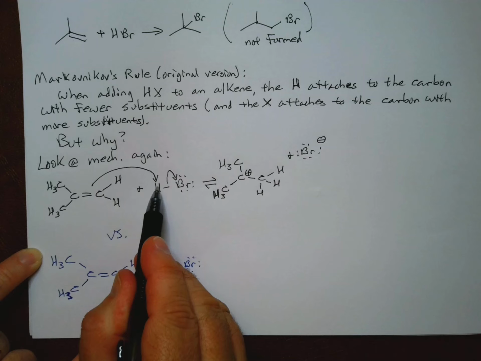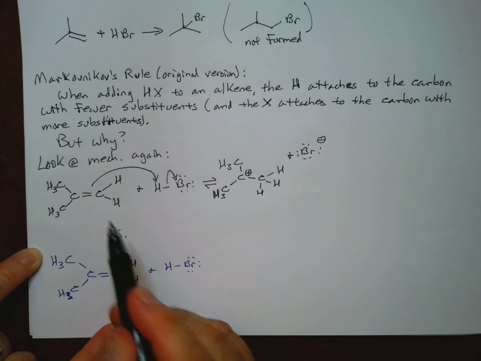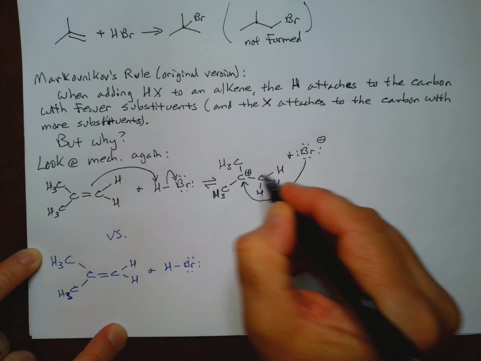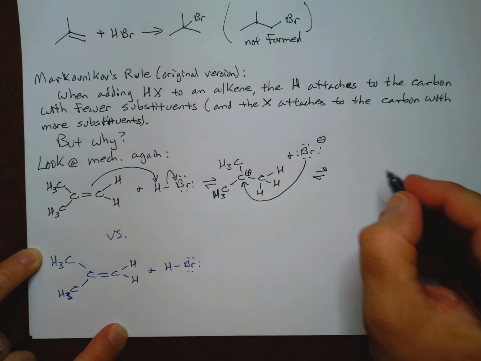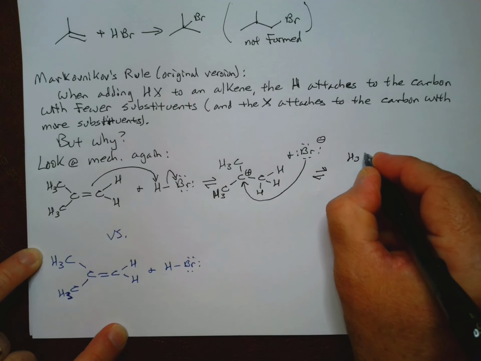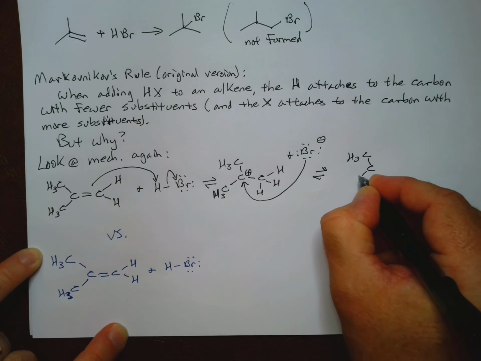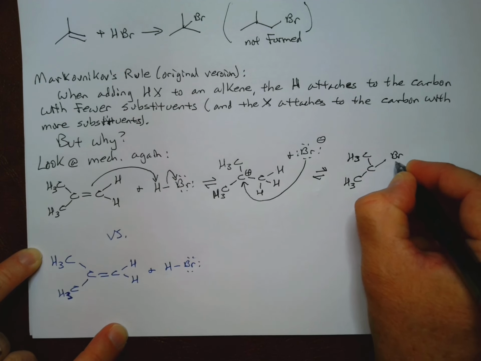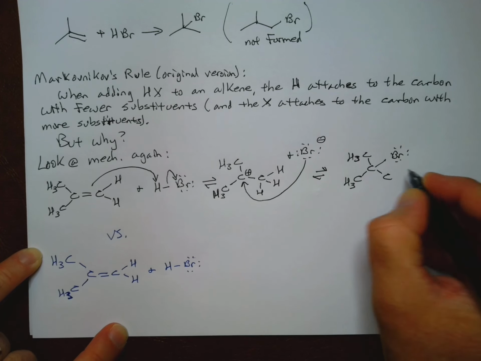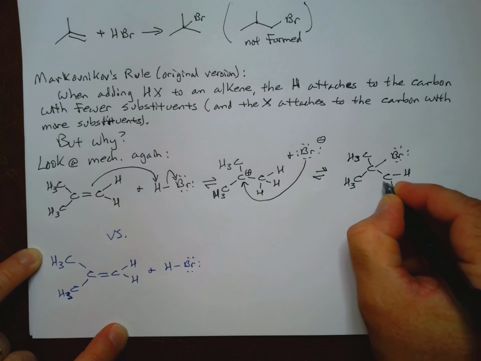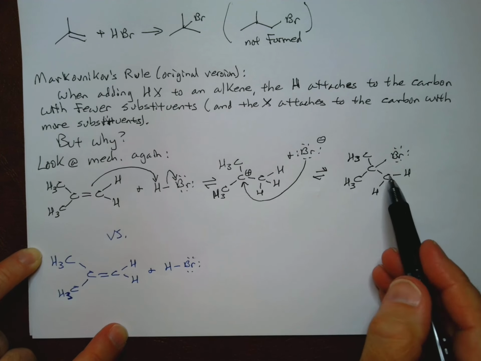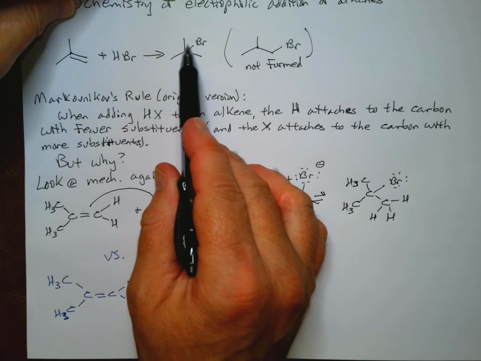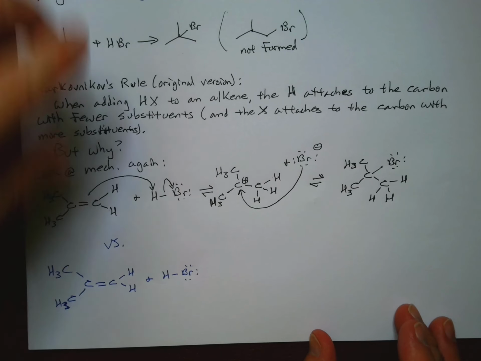So in this case, I'm adding my hydrogen to the less substituted carbon, and what that results in is the t-butyl bromide product, the one that we actually see.